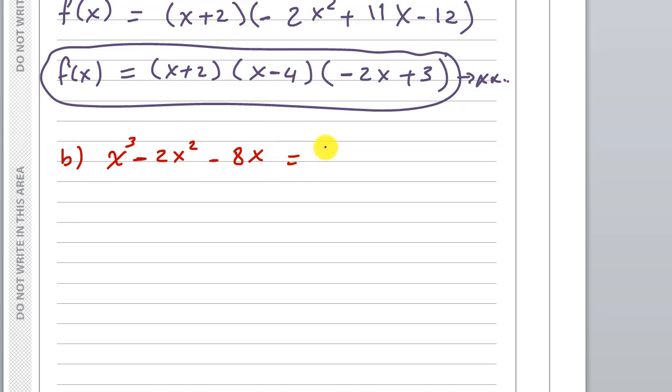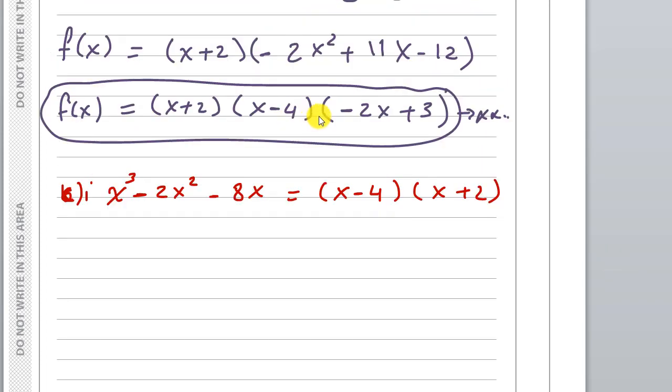So it's equal to x minus 4, x plus 2, and we have here, of course, x, because this is x power 3. So x, x minus 4, x plus 2. And this is the answer of this question.